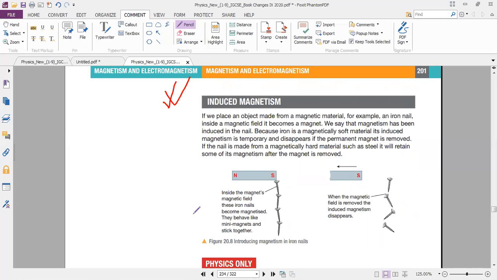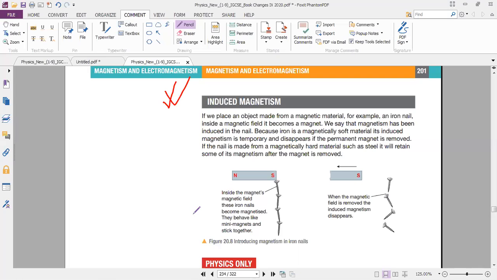I repeat once again, if we place a magnetic material such as iron, safety pin, needles inside a magnetic field for a long time, and then remove the nail or the safety pin or the needle from that field, we will find that the magnetic material started behaving like a magnet, though the magnetic field strength of that material would be very lower or weaker, but it would behave like a magnet.